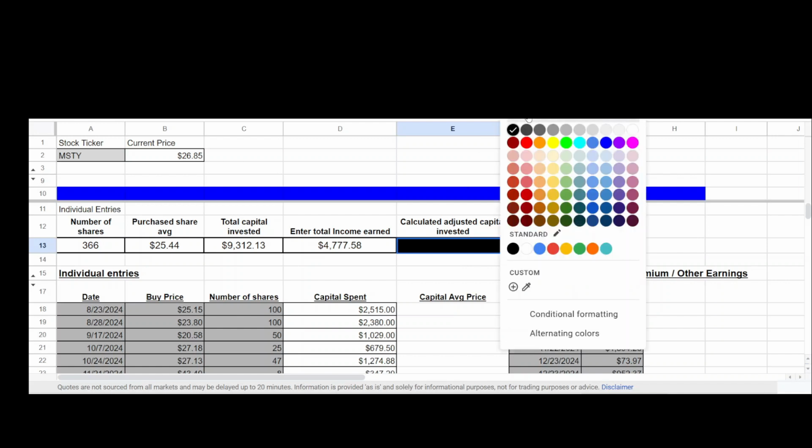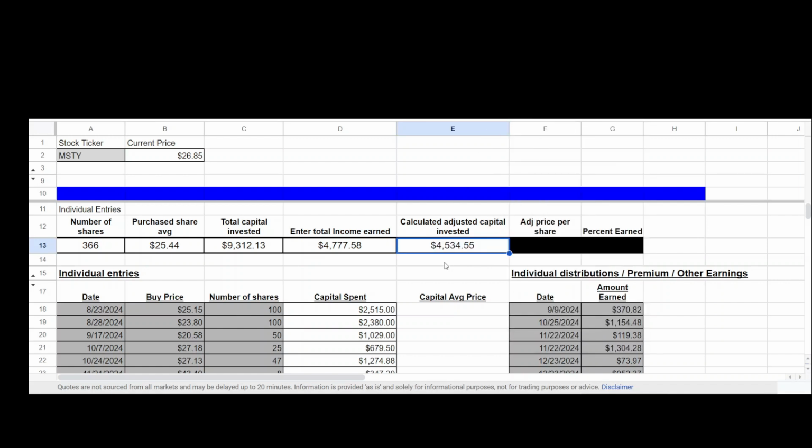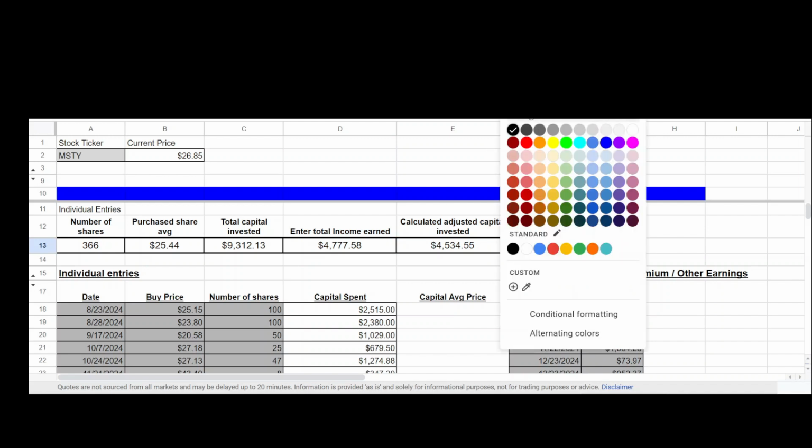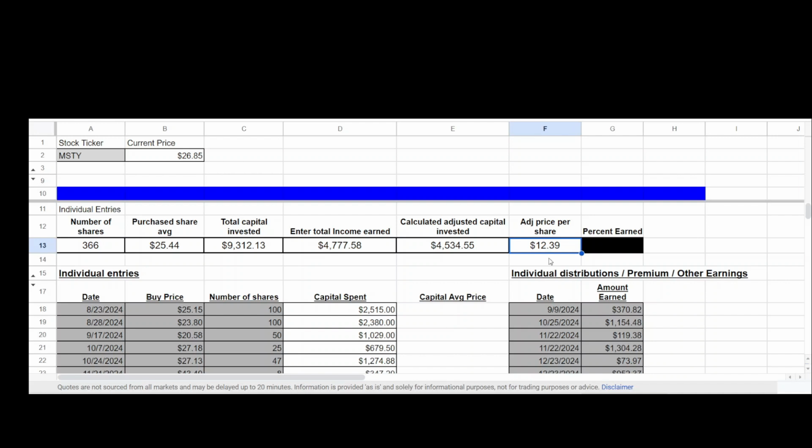That amount is those two subtracted, so it's $4,534.55. So therefore my new average calculated share price will be much lower than before, $12.39.